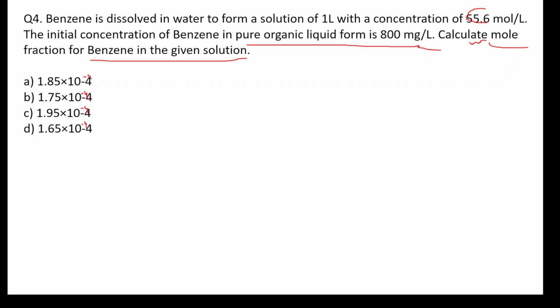Try to solve this question. You can take 2 more minutes, then I will show you the solution.